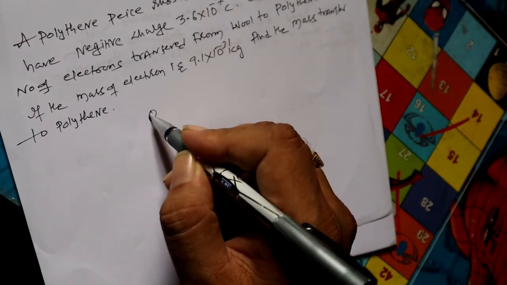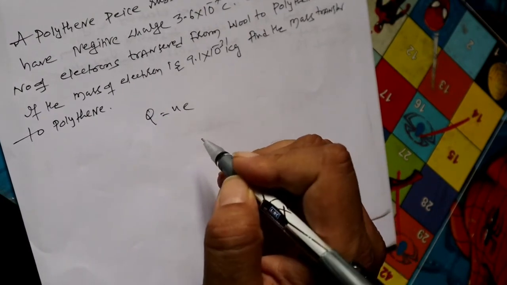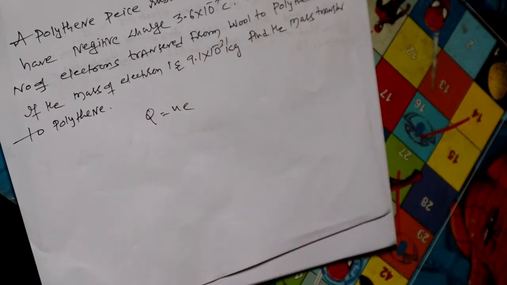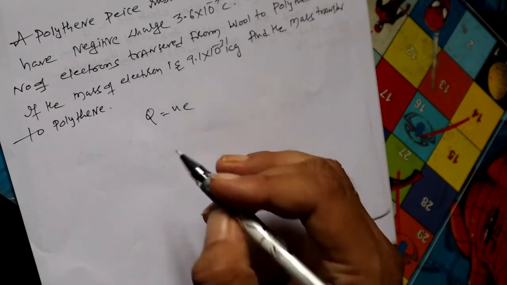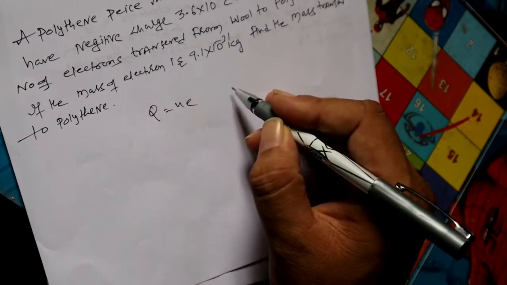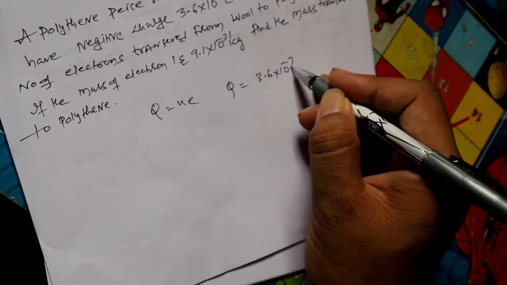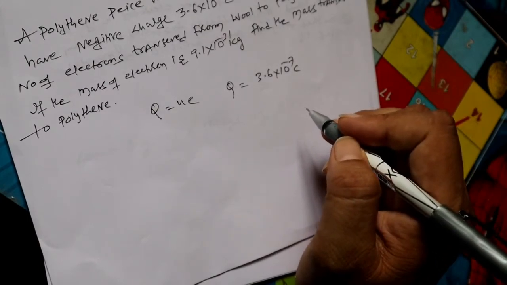First we know that Q is equal to Ne. Now first we want to find out how many electrons are transferred from wool to polythene. Here Q is equal to 3.6 into 10 to the power of minus 7 coulombs, the negative charge on the polythene.